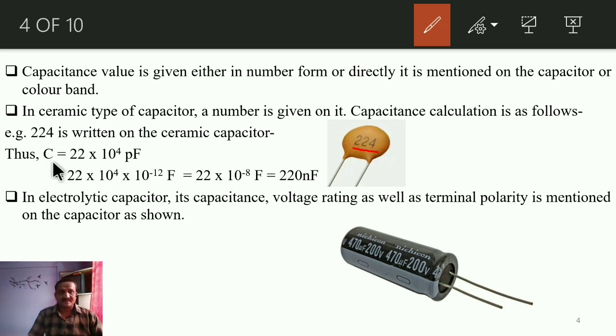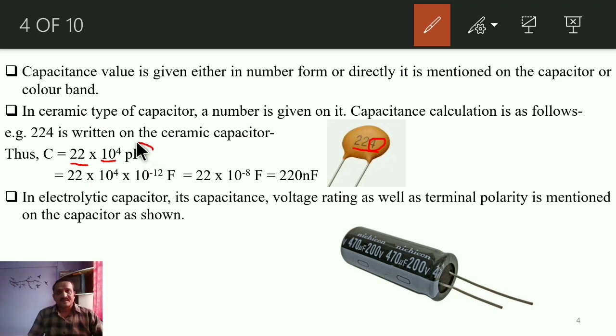For the capacitance, first note down the first two numbers as they are, that is 22, then multiply by 10 raised to the power of the third number. Here the third number is 4, and that's why it is taken as 10 raised to the power 4. Now remember the main difference between capacitance calculation and resistance or inductance calculation.